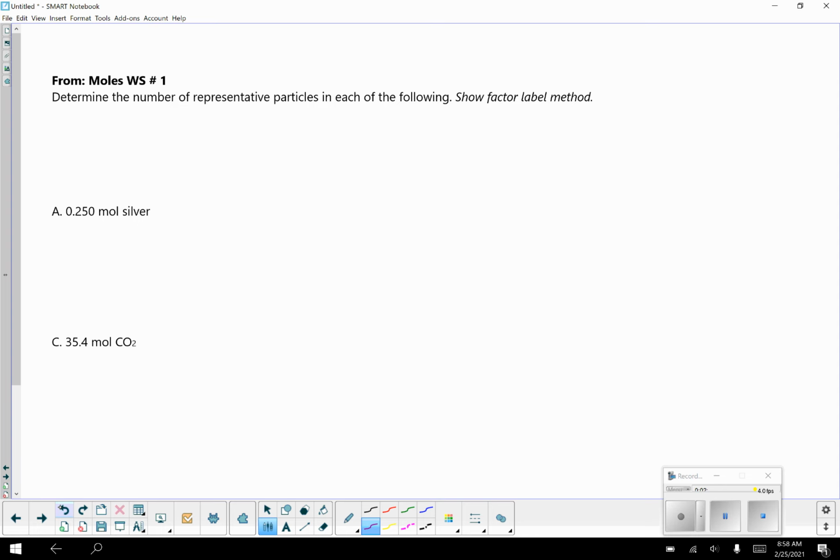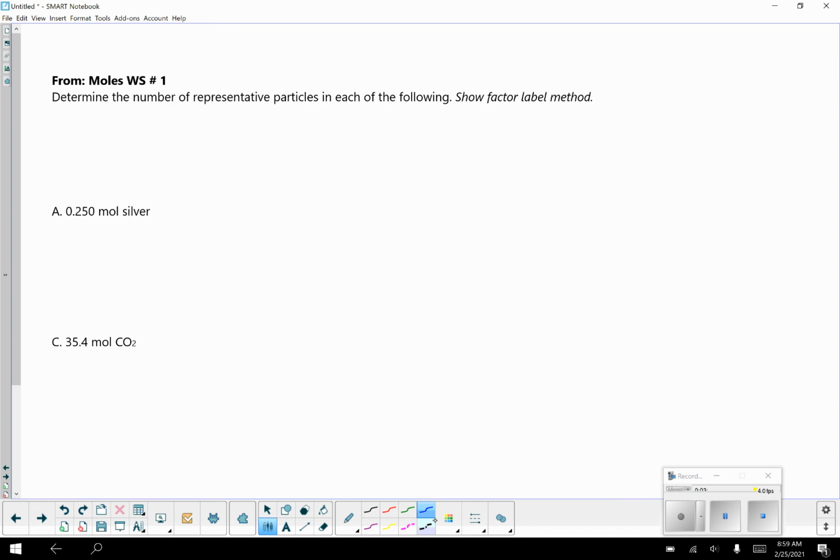Just a couple examples. Determine the number of representative particles in each of the following, and show the factor label method. So you've got to show your work for these. I'm just going to do these 2 examples, and then we will move on. Let's say we have 0.250 moles of silver. If we want to find out how many representative particles are in that, we have to convert from moles to particles.